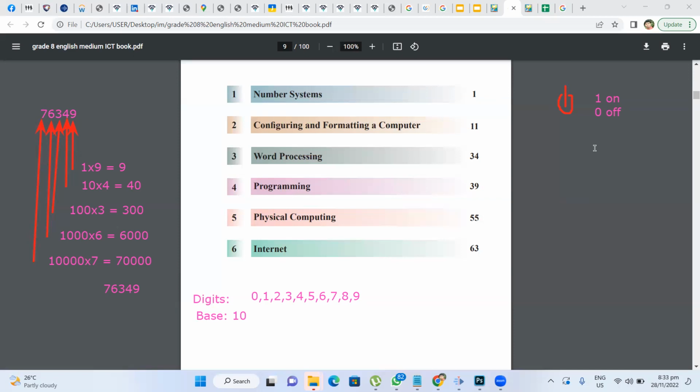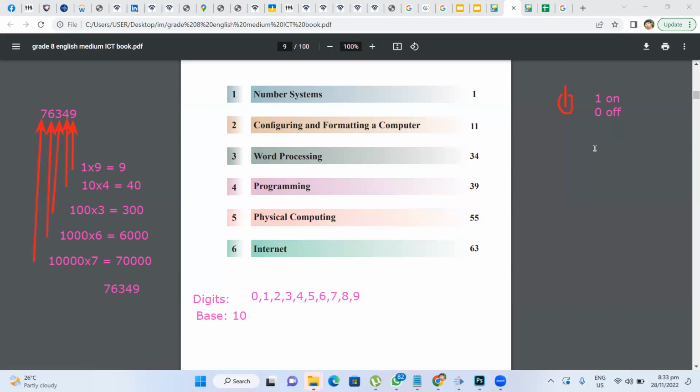Actually, in an electronic circuit, it is presence of electricity and absence of electricity. If there is electricity, it's 1. If there is no electricity, it's 0. A bulb can understand that. When electricity is present, it will turn on.